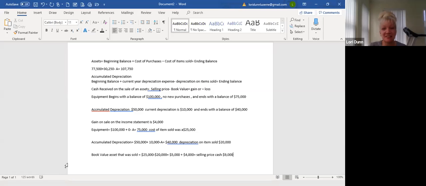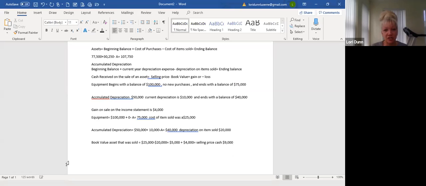All right. It brings us back to the equation. Selling price minus book value. And that difference, maybe if you saw it this way, if it's positive, it's a gain. If it's negative, it's a loss. So we need to figure out selling price.